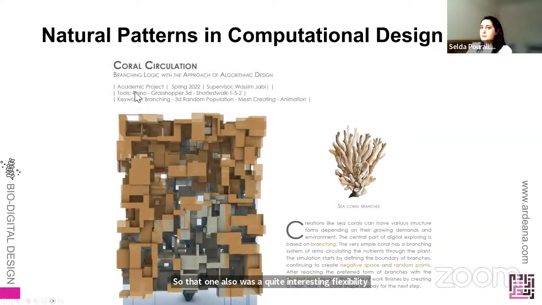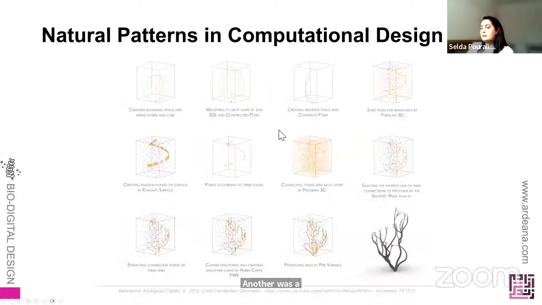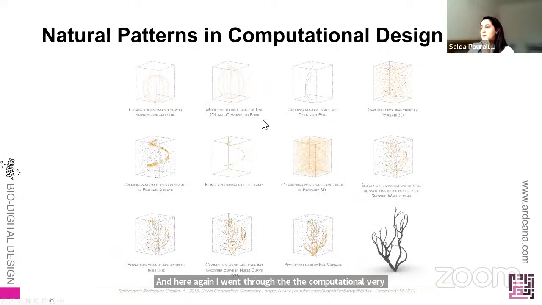Another was coral circulation, which was inspired by sea coral. And here again, I went through the computational, very simple, to be honest, because they are just like a practice to understand the computational logic behind these biological forms.